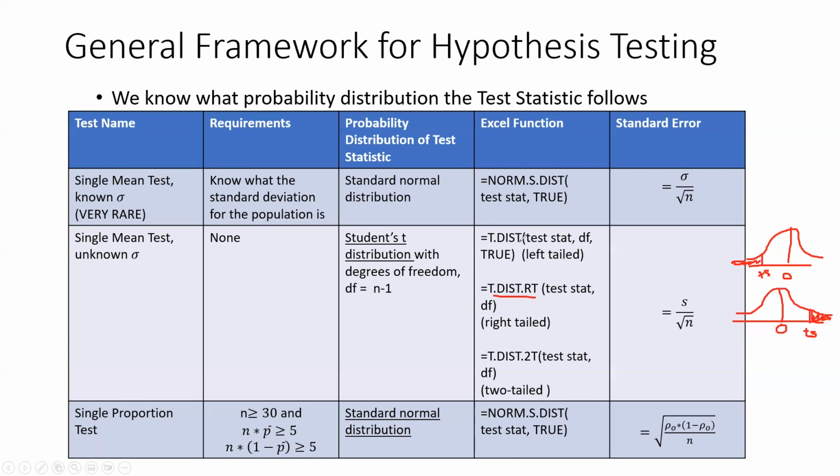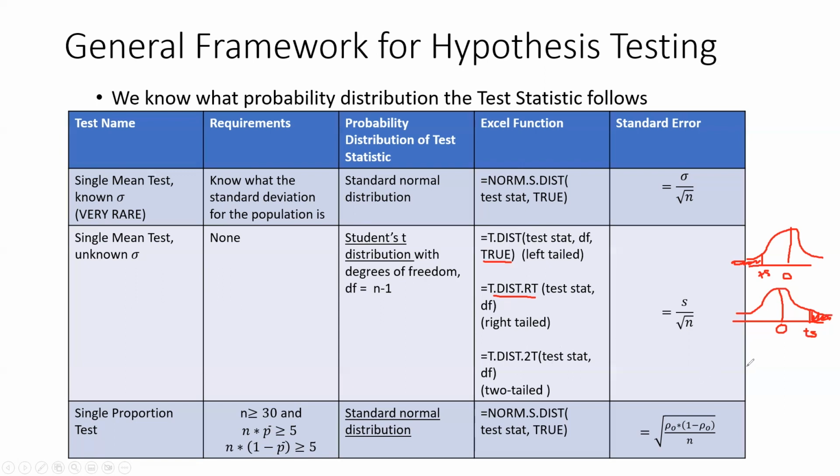Notice that in the T.DIST function, you have to put in the value, the degrees of freedom, and TRUE for cumulative. But in the T.DIST.RT function, you're only going to have to put the test statistic and the degrees of freedom. It automatically assumes that what you want is the entire probability under that tail.